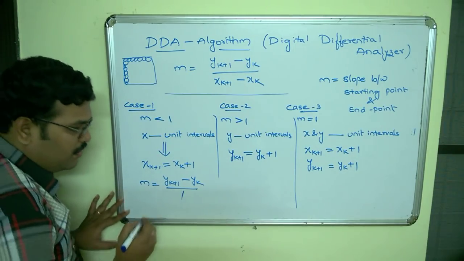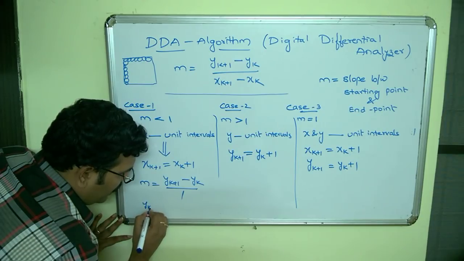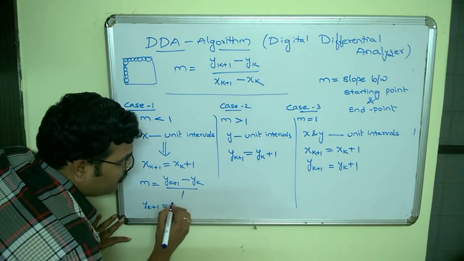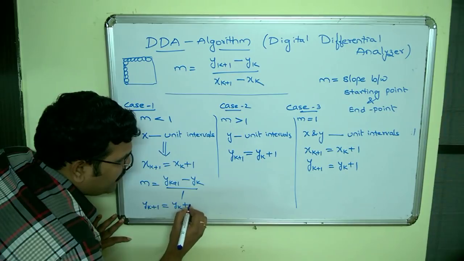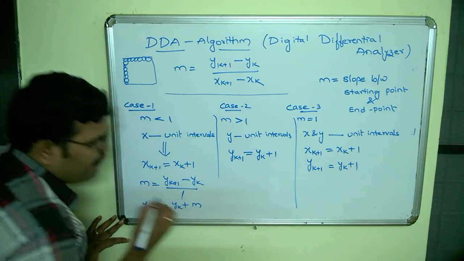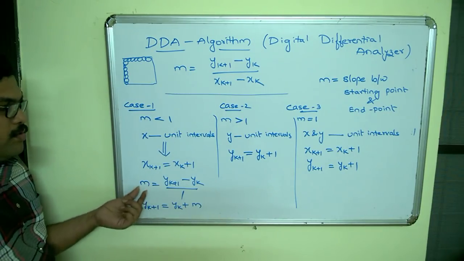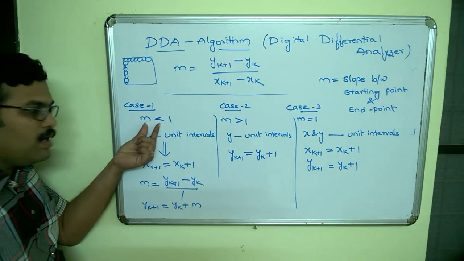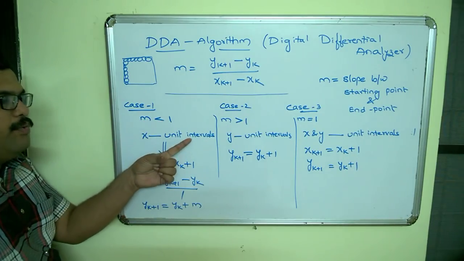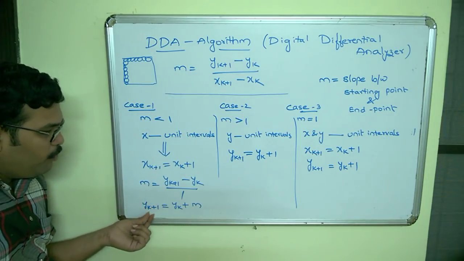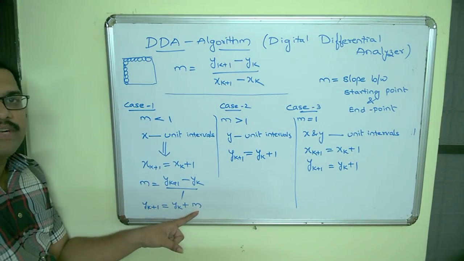From this equation, we get yk plus 1 is equal to yk plus m. So if the slope is less than 1, x will move in unit intervals and y will move by the slope difference.